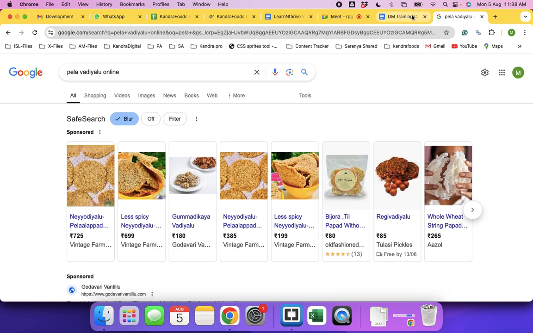Always avoid Performance Max if you are building on Google search only.